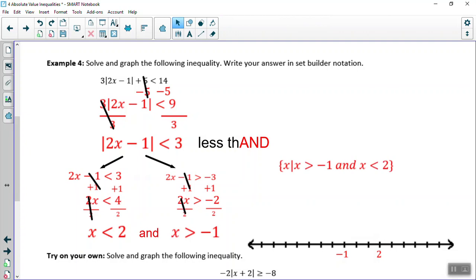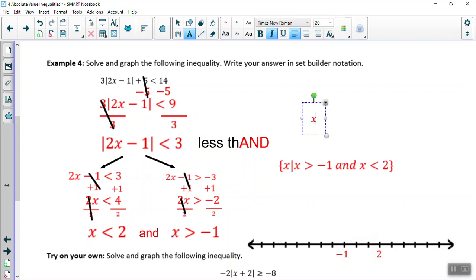The other way we can write it is I can take this one here and I can flip it around so that I've got negative 1 is less than x. And then I can take that x is less than 2.